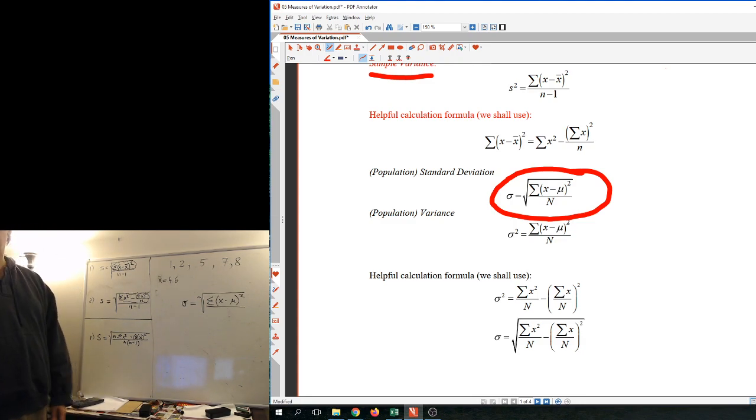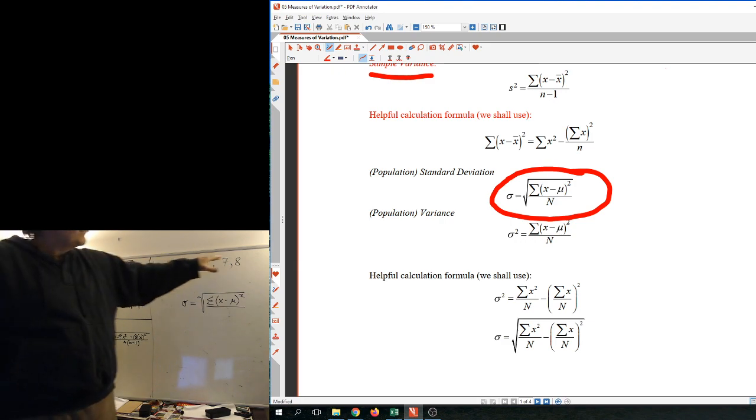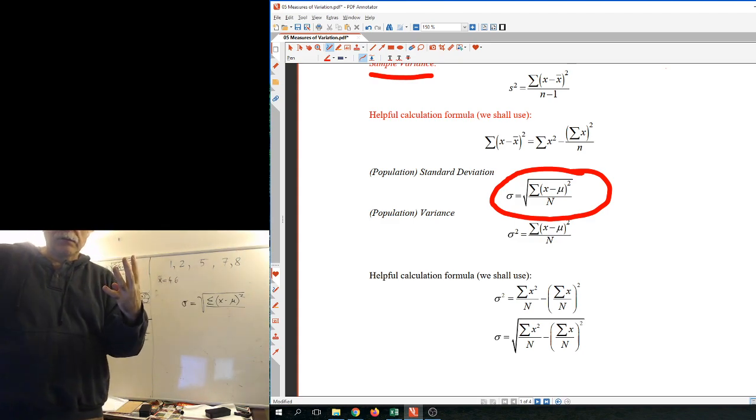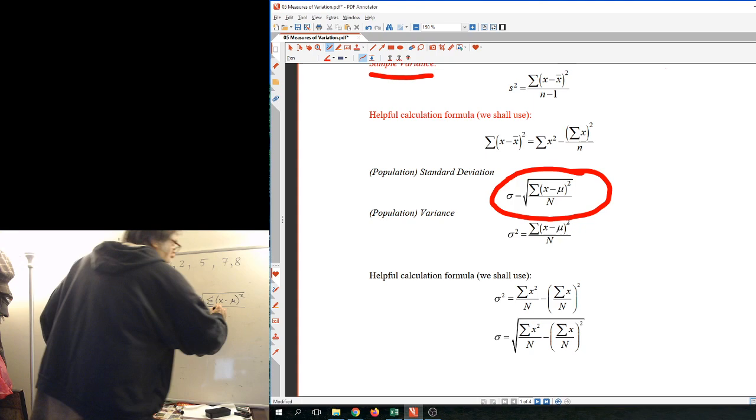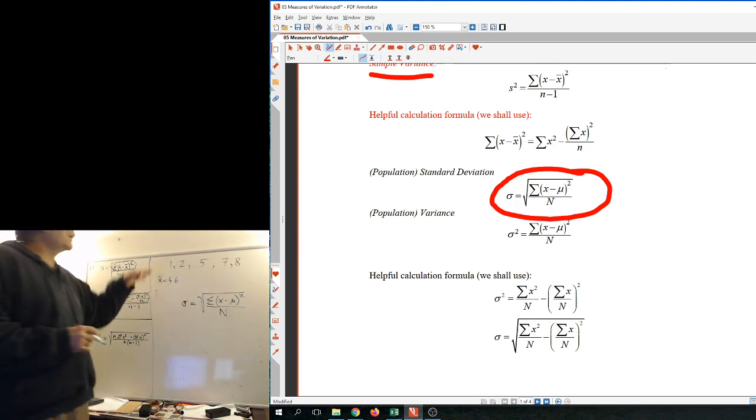Now the trick. When we're talking about the sample standard deviation, down there in the denominator we have n-1, which is degrees of freedom. 5 things, 4 degrees of freedom. When you're doing a population, the population has no freedom, and you're going to be dividing with the size of the population, which in this case is 5.